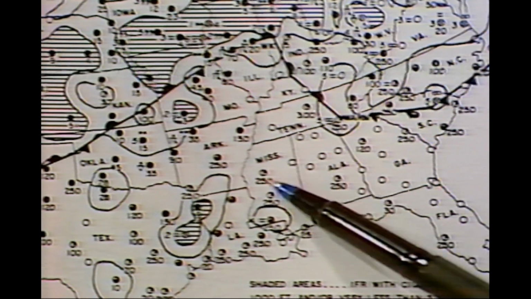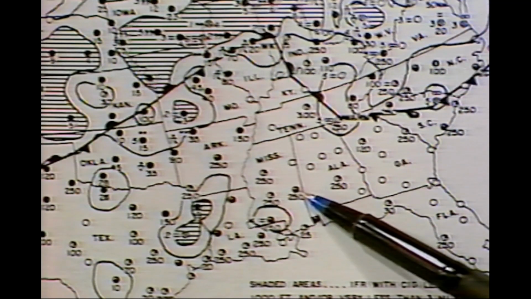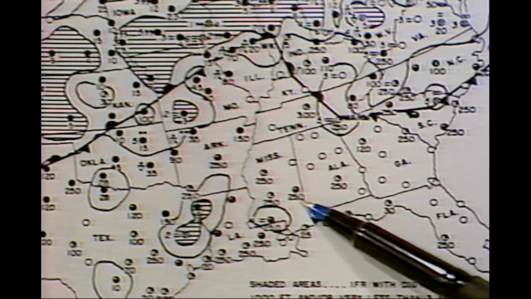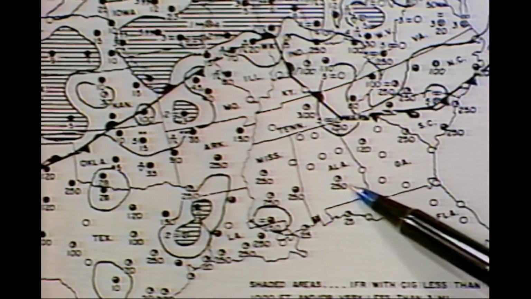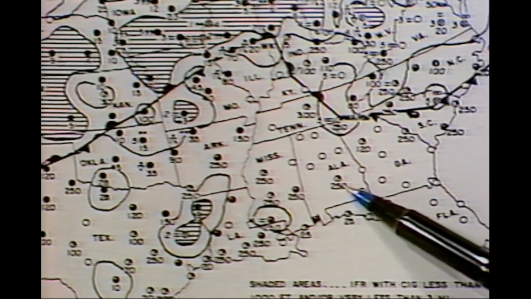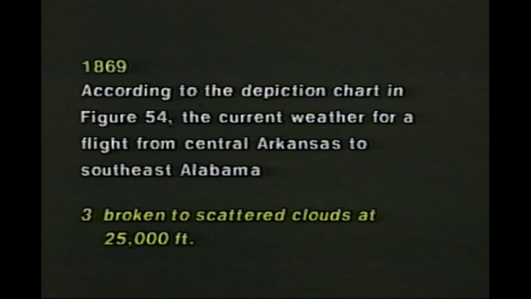Through Mississippi, we have a 1/4 blacked in circle. That's scattered. Here's a 3/4 circle, that's broken, and both have 250, indicating a ceiling of 25,000 feet. And in southeastern Alabama, we have again 1/4 blackened in, that is scattered clouds, 25,000-foot ceiling, so it's answer number 3, broken to scattered clouds at 25,000 feet.